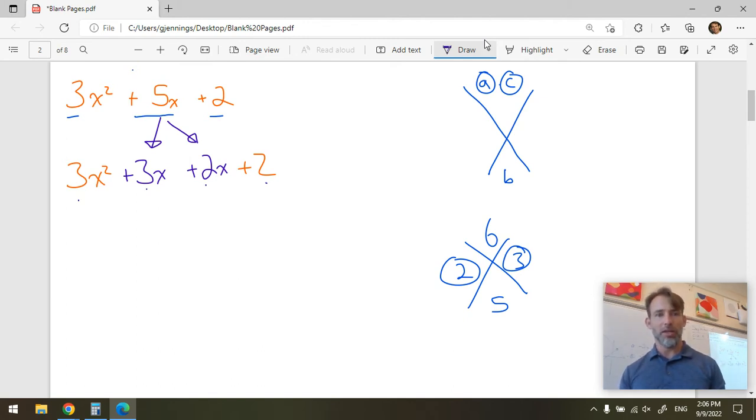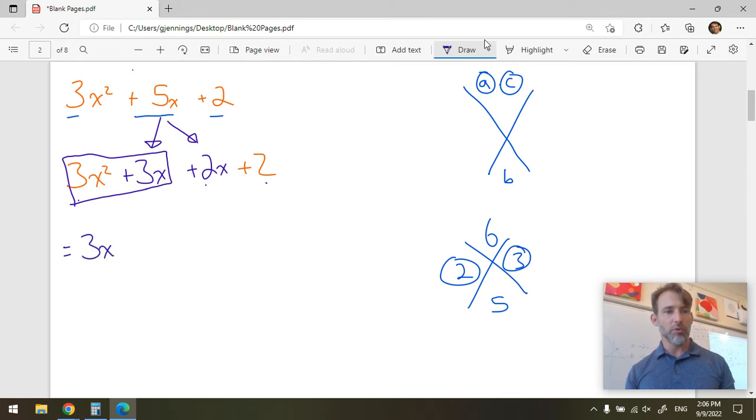So now let's go to the next line. This is all going to be equal to, in this case, I'm going to factor this by common factoring. I see that 3x is common to both of these. 3x will factor out of 3x squared, leaving me x, and 3x factors out of 3x, leaving me 1.